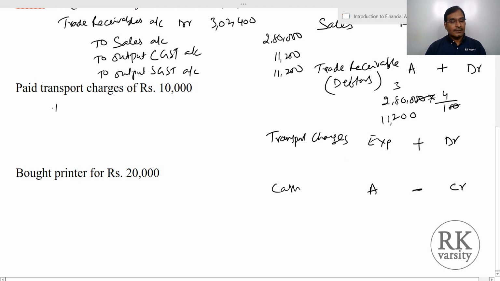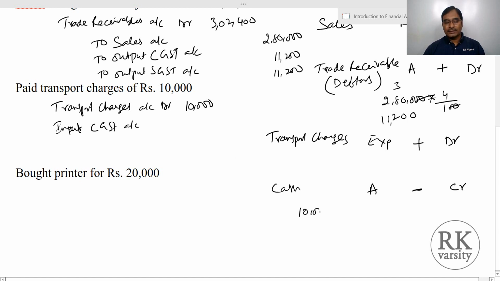That is, transport charges account debtor, this is how much? Rupees 10,000. Then to this we'll add input CGST account, that is at 4%. So 10,000 at 4% equals 400.